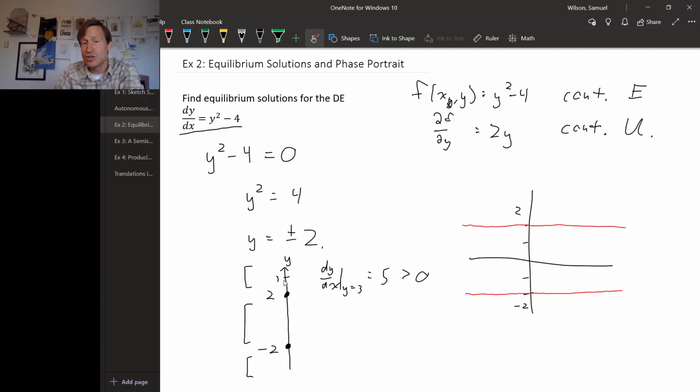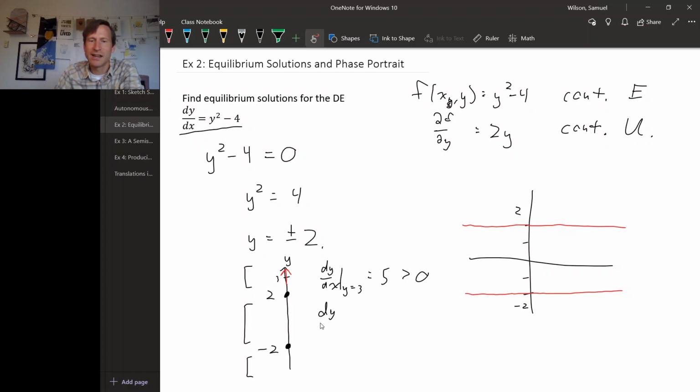So if a solution started out above 2 here, its derivative would be positive, and that would mean that it would increase. So if we start at a y value larger than 2, we continue increasing because dy dx is positive. Okay, what about if we start at a y value between -2 and 2?